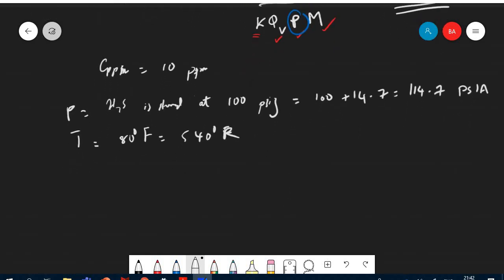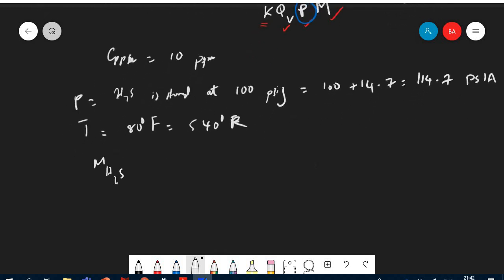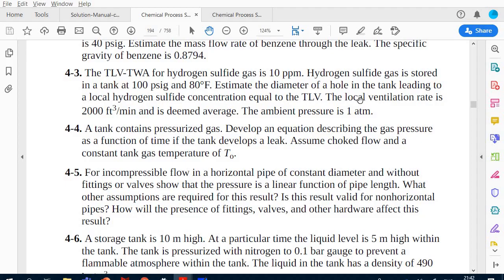So I think we have all the values now. What else? I think I forgot the molecular weight. The molecular weight for H2S is 2 plus about 32, so it's 34 pound mass per pound mole. Great. Now to identify the K value, it depends on the ventilation rate. In the question, the local ventilation rate is 2,000 feet cubed per minute. So we have QV, and it's deemed average.